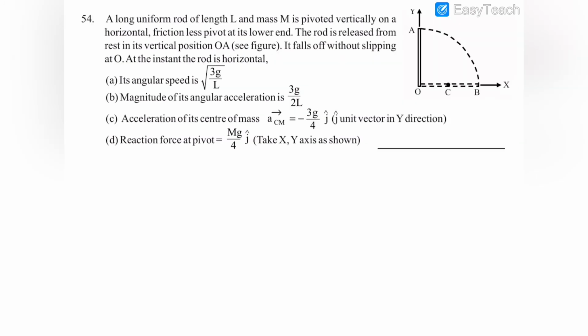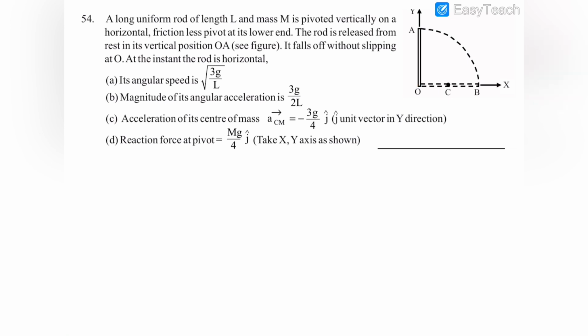In this question, you can see that there is a long rod of length L and mass M. It is pivoted at point O and initially it is in vertical position. The pivot is frictionless and the rod is released from this position and then it falls off, and we have to find out the following things at the instant when the rod becomes horizontal.